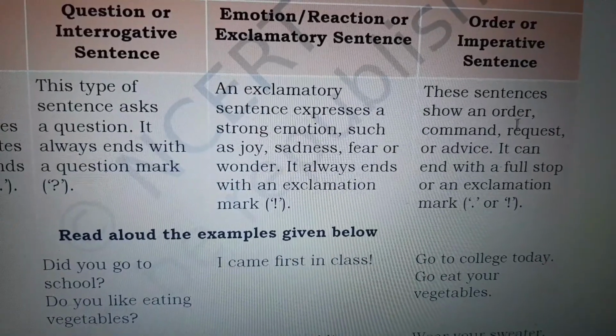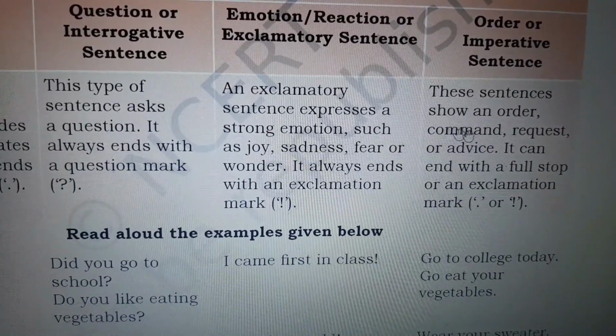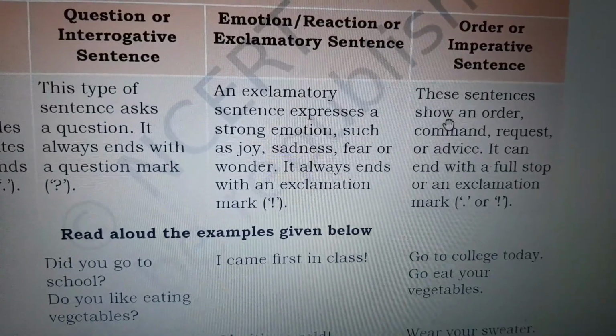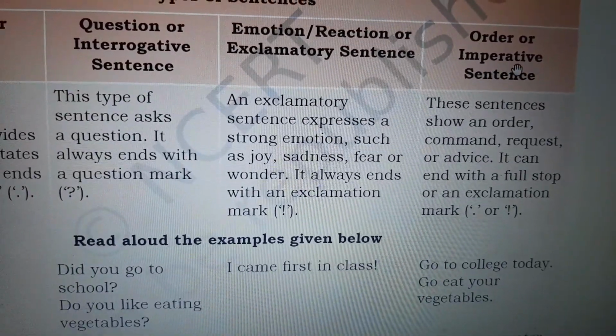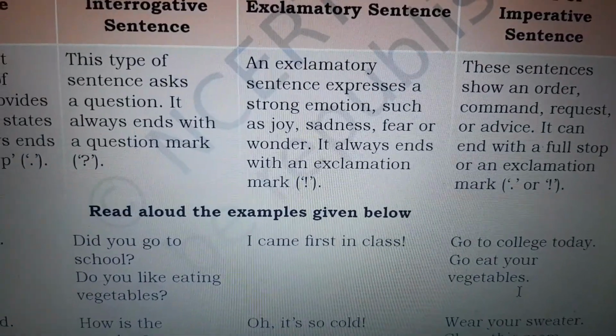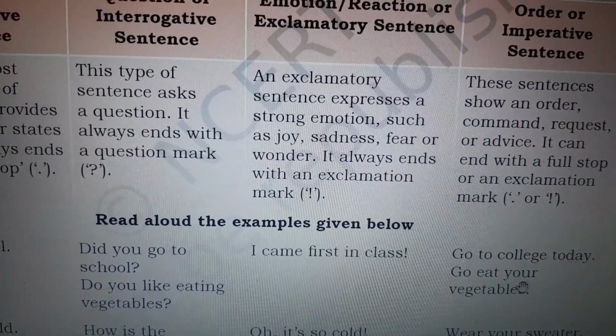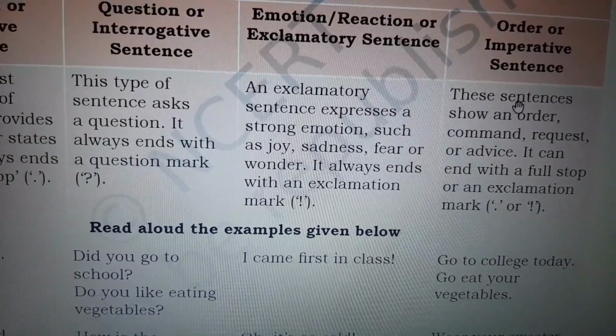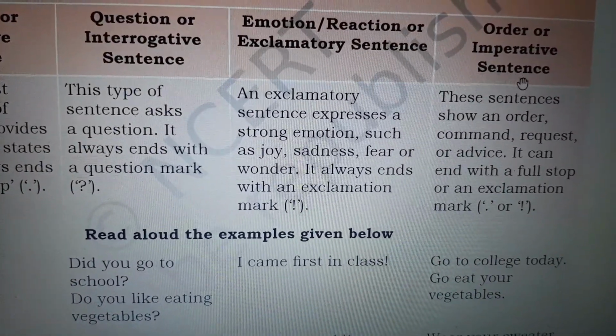It shows an order, where we give an order, command, advice, or request to someone. Like go to college today. Wear your sweater. Go eat your vegetables. The command-giving sentences are known as the imperative one.